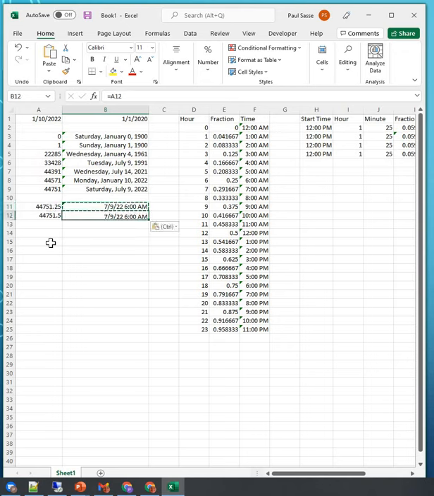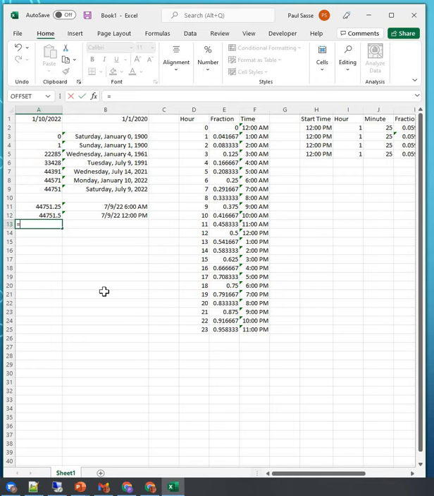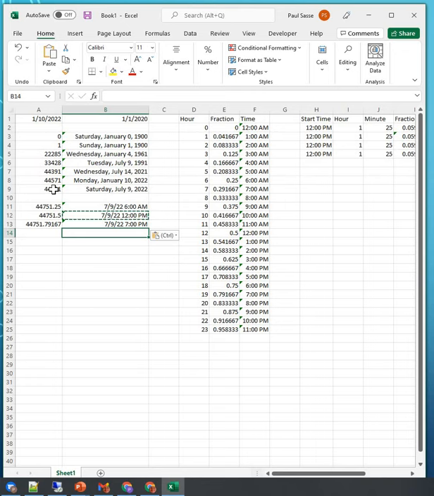Clear the formatting. So that's today's date at 12 p.m. So if I wanted to do today's date at 7 p.m., I could do 1900 hours divided by 24. So just today's date plus the military or 24-hour format of the hour. So 1900 hours divided by 24. And again, if I copy this down, so that is today's date at 7 p.m. Okay.